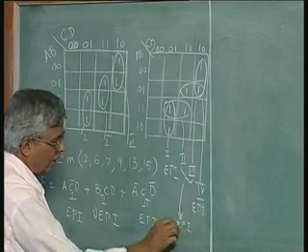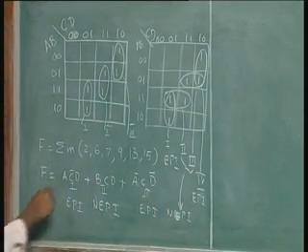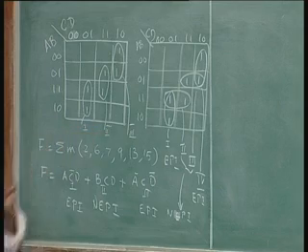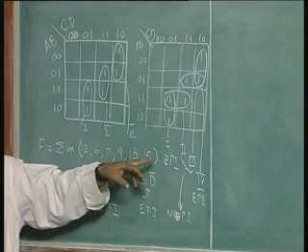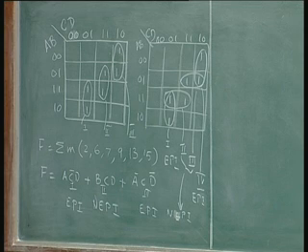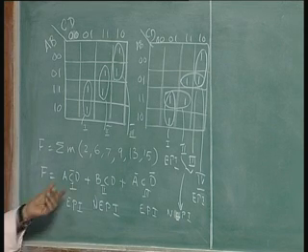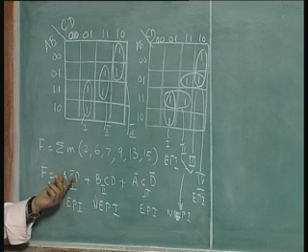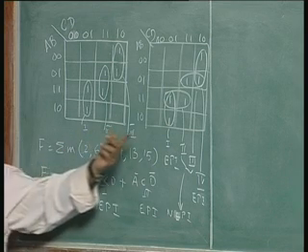But having drawn this, in this case f is equal to 1 or 2 or 3, in this case f is 1 or 2 or 3 or 4 and all are 2 variable terms, there are only 3 terms in this case, 4 terms in this case.